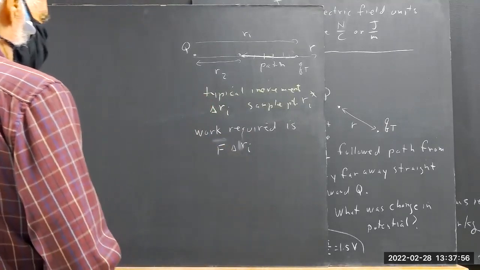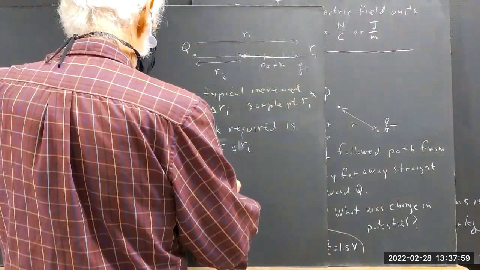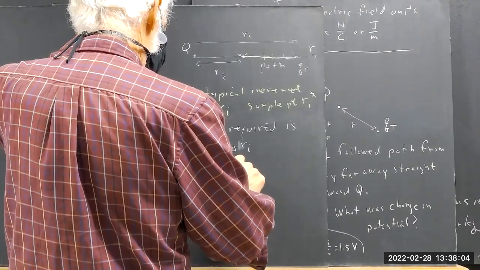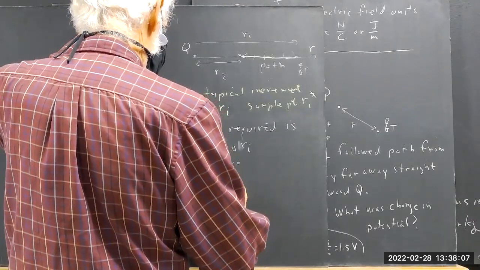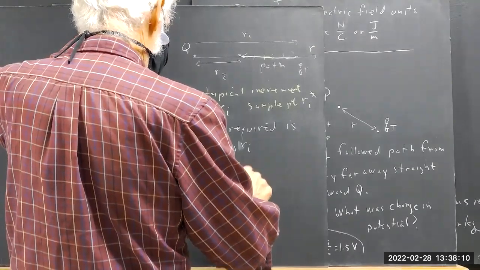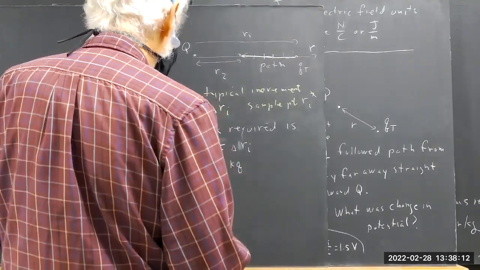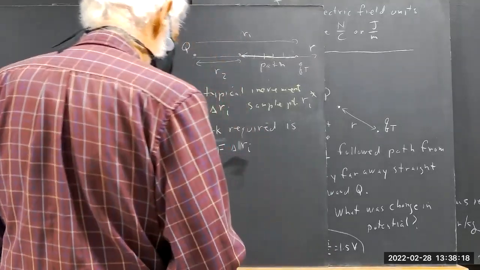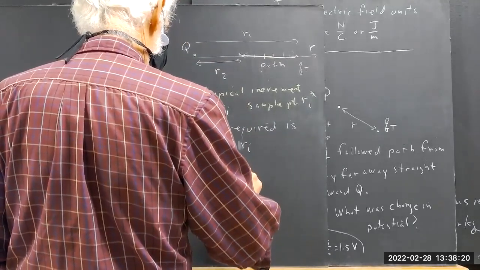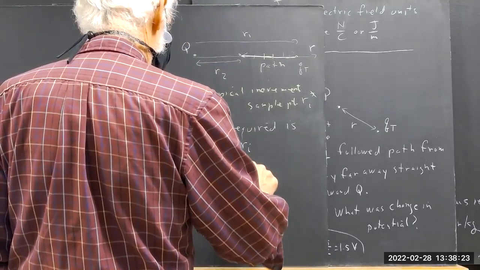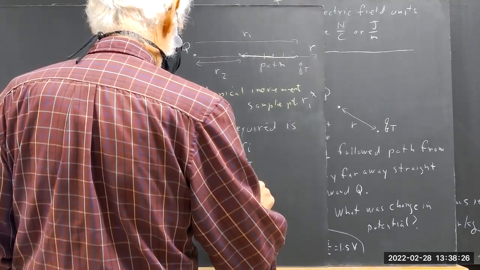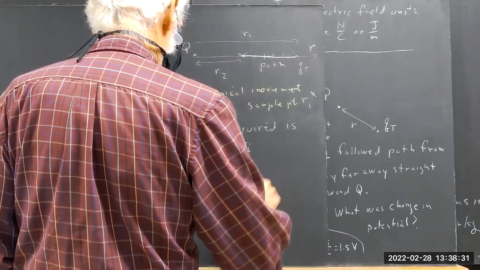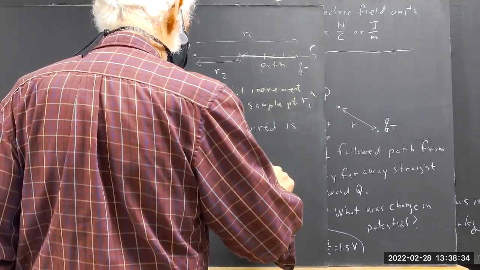F delta Ri, where F equals negative K times big Q times 2T over Ri star squared times delta Ri.